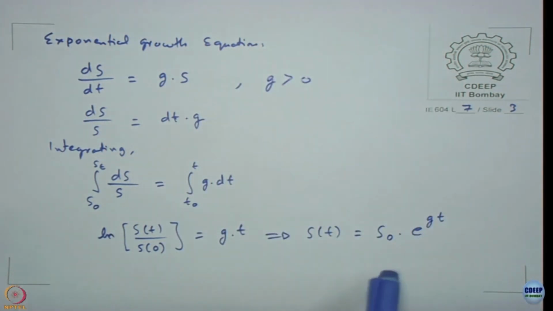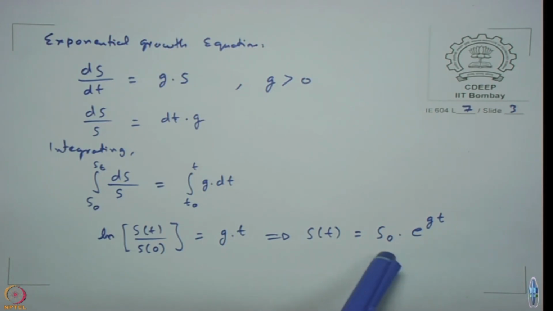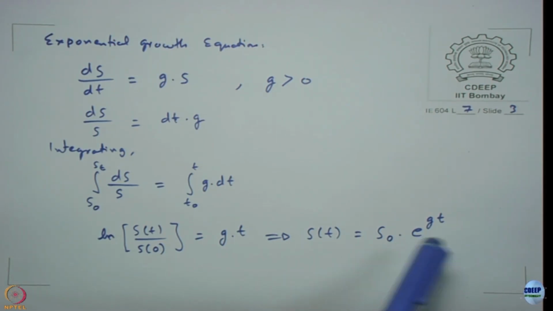So, if g is greater than 0, then it is going to exhibit exponential growth, defined by this term here. And of course, s naught is a constant value, I am just multiplying by a constant. Given the initial value of stock, and if I know g, for whatever value of t, I can directly compute the stock value at time t.